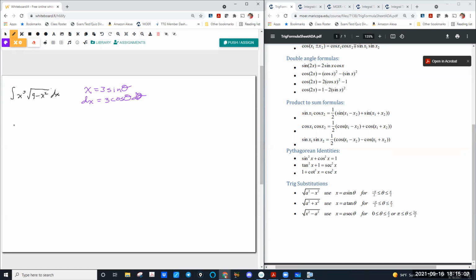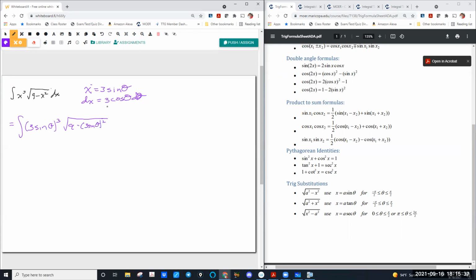Again, this is a forward substitution. I don't have to make anything fit. I actually literally just plug things in. So my x is going to go in for the x's. So I have 3 sine of theta cubed, square root of 9 minus 3 sine of theta squared.